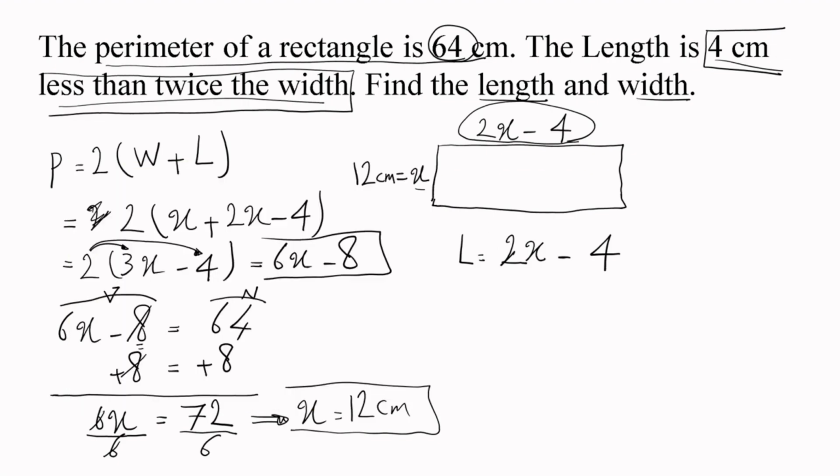Let's replace x with its value, which is 12 centimeters. I'm going to have 2 times 12 minus 4, which is going to be 20 centimeters. Now I answered the question completely. Let's go for the next one.